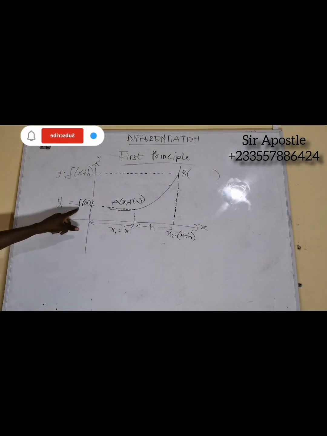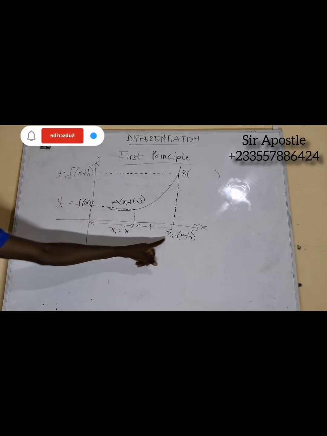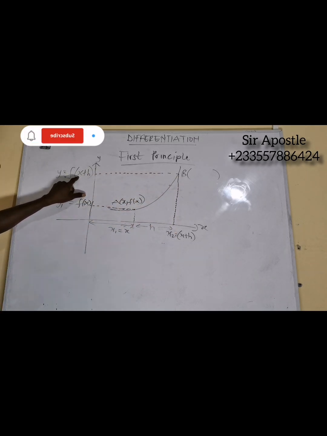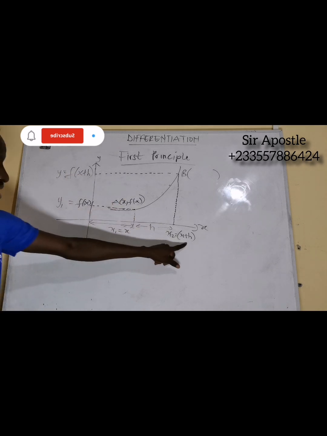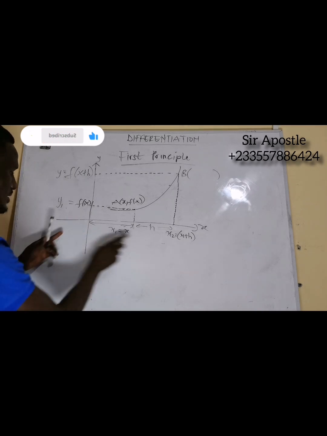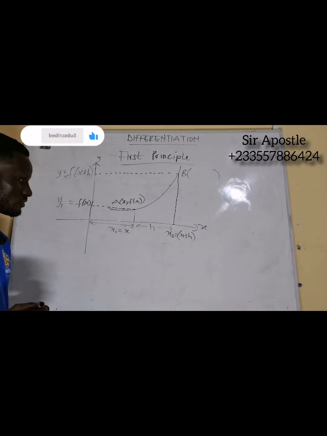Then I will say that f of x is the same as f of x1, and then f of x2 will be here. You get it? And x2 is the same as x plus h. I can use x2 because the x2 here is the same as from here to here. You get it? Yes.